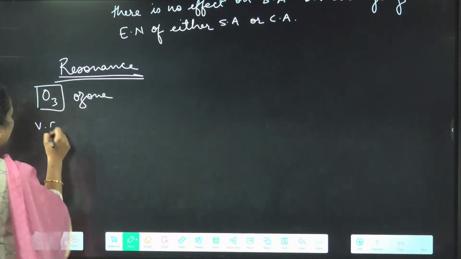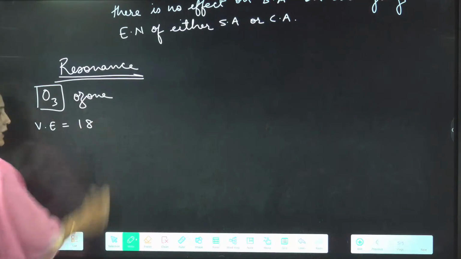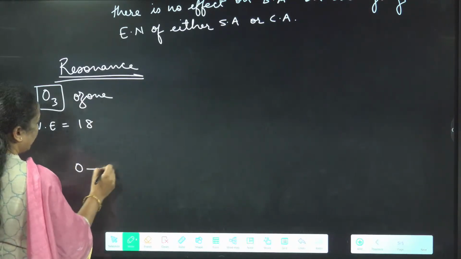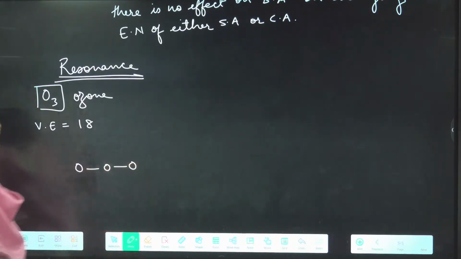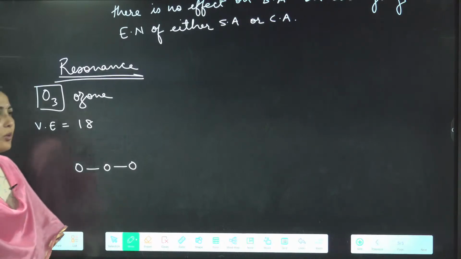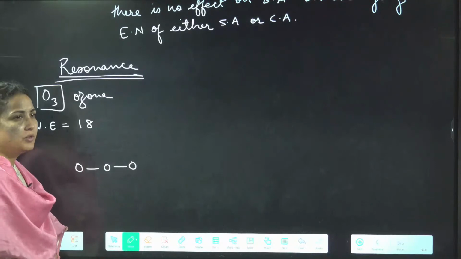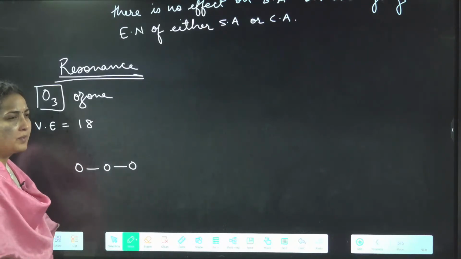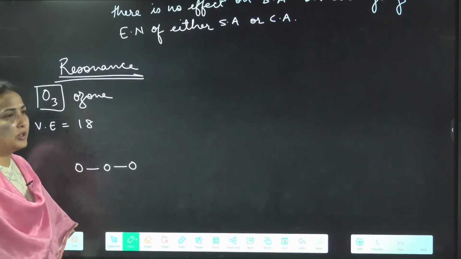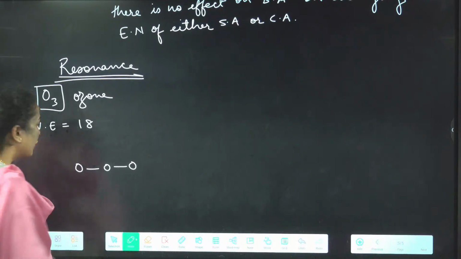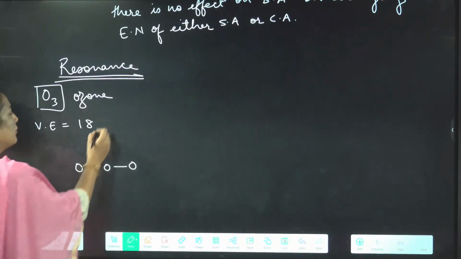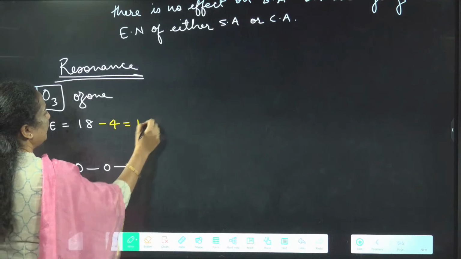What we have to do is count the total number of valence electrons here, 18. Now you connect these oxygen atoms. The central atom is also oxygen and the surrounding atom is also oxygen. How many bonds have you made? You have made 2 bonds, and the bonds will be made using the valence electrons only. So when you have made 2 bonds, remove 4 electrons from here, so you'll be getting 14.